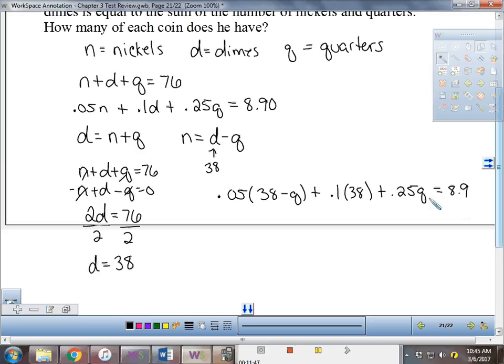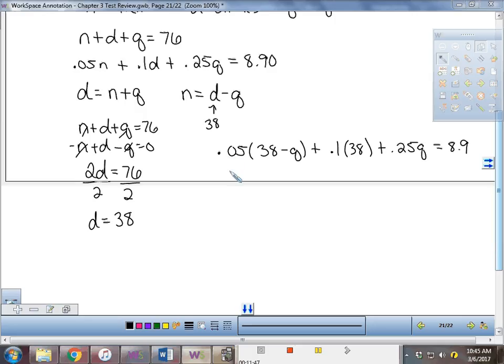So now I have left only q, so I just need to simplify from this point forward. So I've got 0.05 times 38, which is 1.9, minus, distribute that, 0.05 times q, plus 0.1 times 38, which is 3.8, plus 0.25 q equals 8.9.